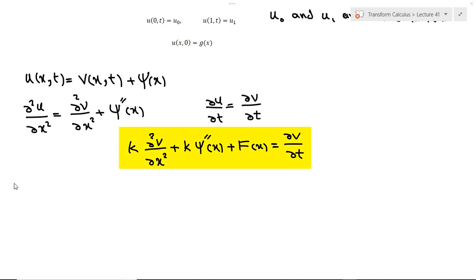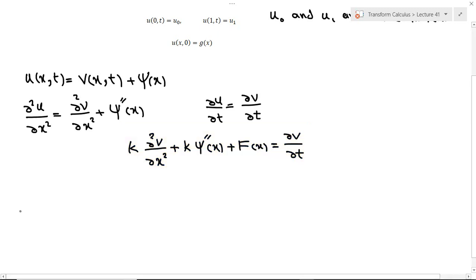In order to make this equation homogeneous, I find psi of x such that k times psi double prime of x plus f of x is equal to 0. Why do I do that?